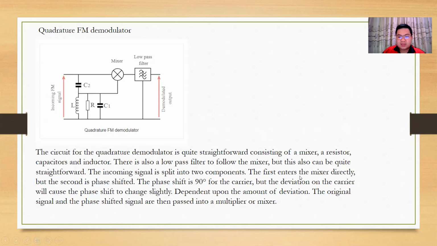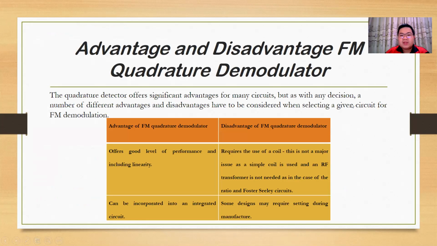The first enters the mixer directly, but the second is phase shifted. The phase shift is 90 degrees for the carrier, but the deviation on the carrier will cause the phase shift to change slightly, dependent upon the amount of deviation. The original signal and the phase shifted signal are then passed into a multiplier or mixer.